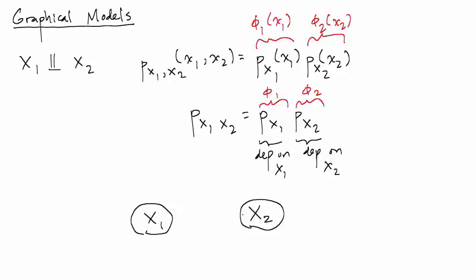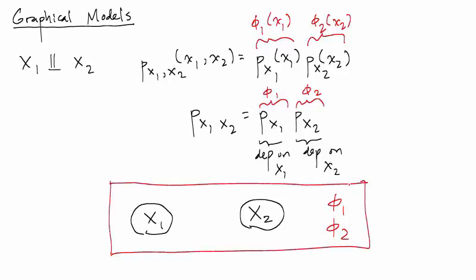There isn't a line connecting these two because they're independent. Here we see our first graphical model of the course. So x1 and x2 are shown in this graphical depiction, and we also provide the tables phi1 and phi2. Okay, so this here is our first graphical model.